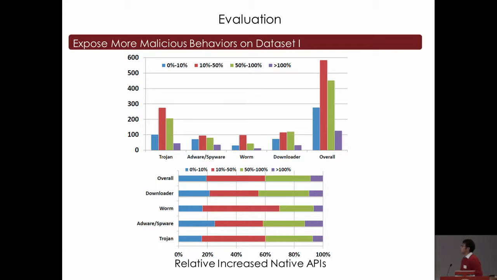In this example, you can see we can expose at least more than 10% up to 50% more APIs using our approach. Also, some categories of malware behave better than others. For example, adware and children, because we think such categories of malware will embed more environment detection logic.